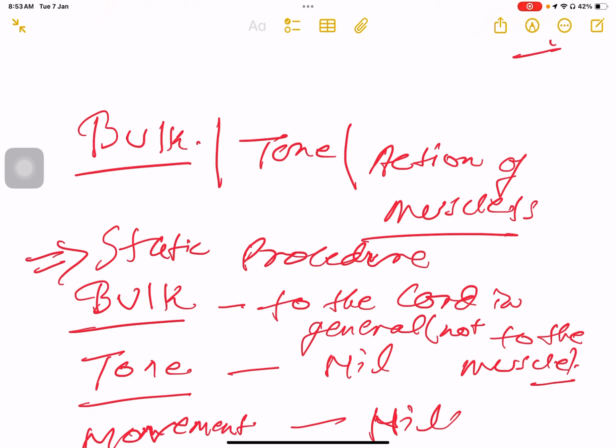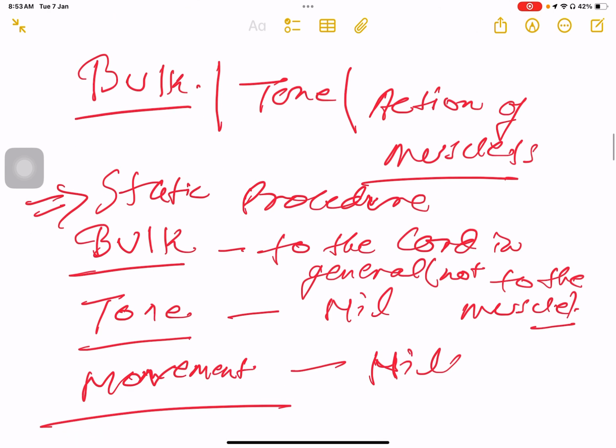We can't improve the movement of the muscle. So these static procedures have got many limitations. They can't improve tone, they can't improve movement, they just increase the bulk inside the vocal cord.